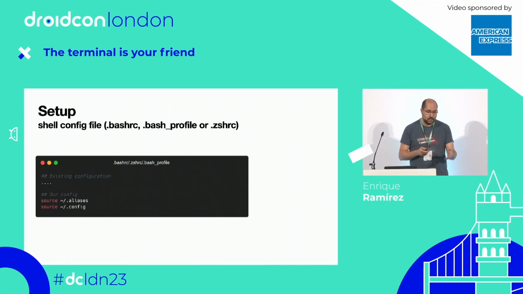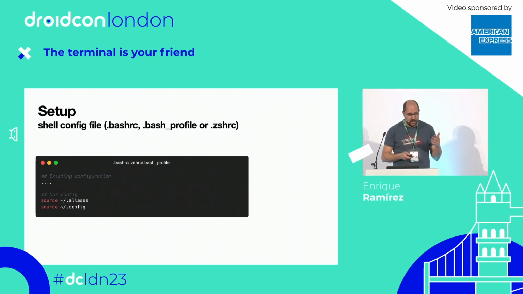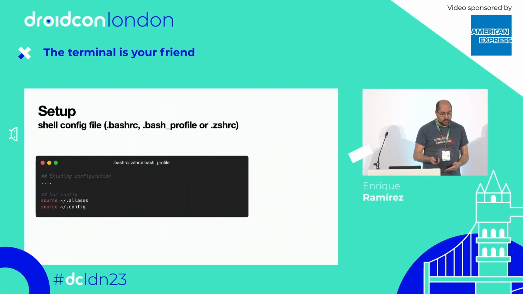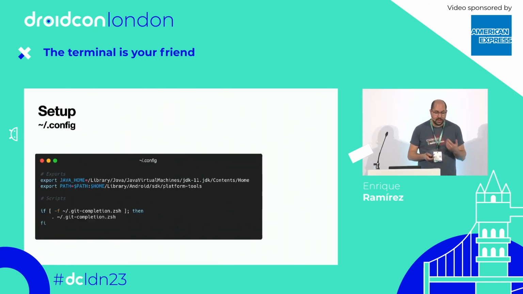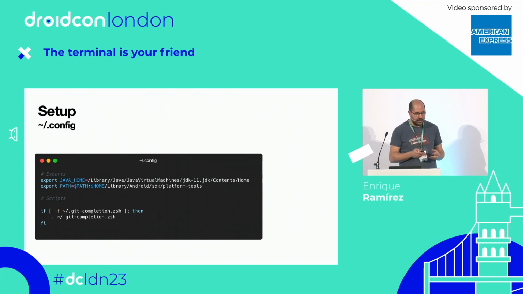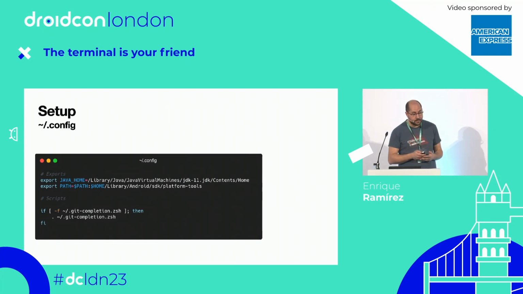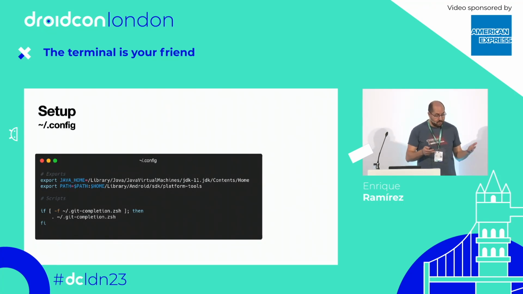So in this bash profile or cshrc, I just import them. For that, I use the source command. I have those files in the home directory, and for the config file, I have very basic stuff, which is the version of Java that I'm using, normally Java 11.